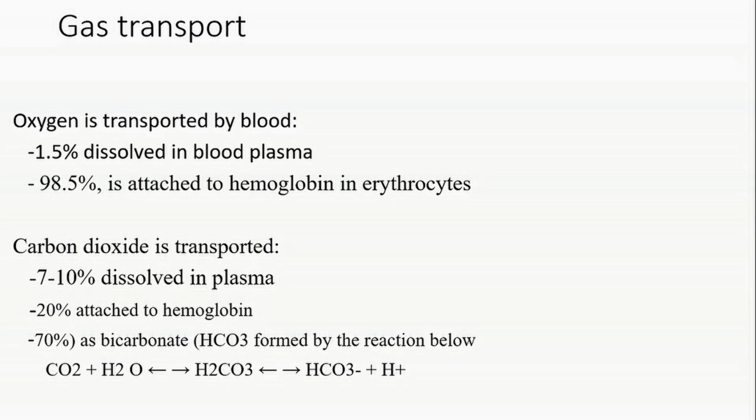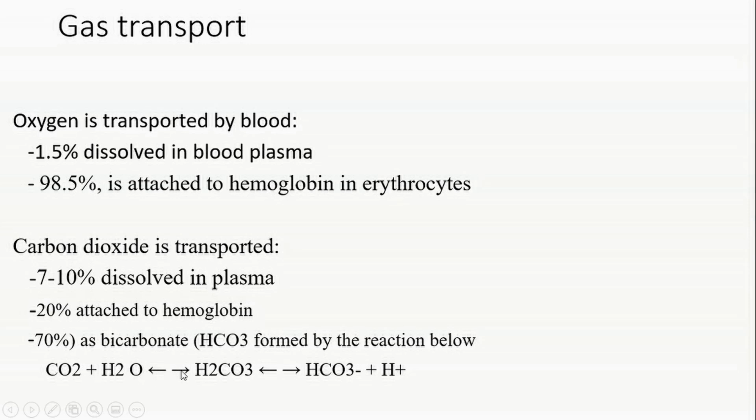You remember we just saw that this chemical reaction takes place in our body when carbon dioxide reacts with water, right? So bicarbonate is the main means of transportation of carbon dioxide. When it is brought to our alveoli, this chemical reaction takes place in the opposite direction.